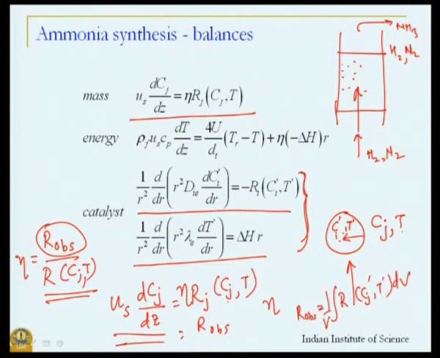That is, my observed rate is the rate associated with these concentrations and temperature, averaged over the entire volume of the catalyst pellet. So, this is how I would simulate the ammonia synthesis reactor.